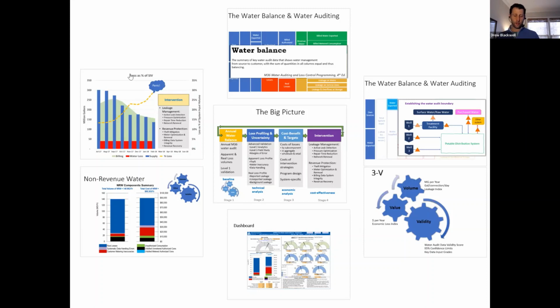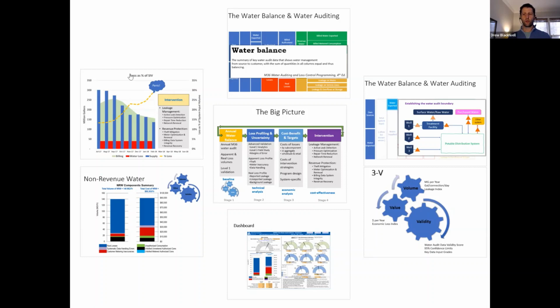Continuing down with the way that we're looking at these 3 V's, we mentioned it just a moment ago, but looking at it in terms of volume, value, and validity. There are lots of states that have adopted this approach. There's still a lot of states and utilities out there that are still reporting their water loss as a percentage.